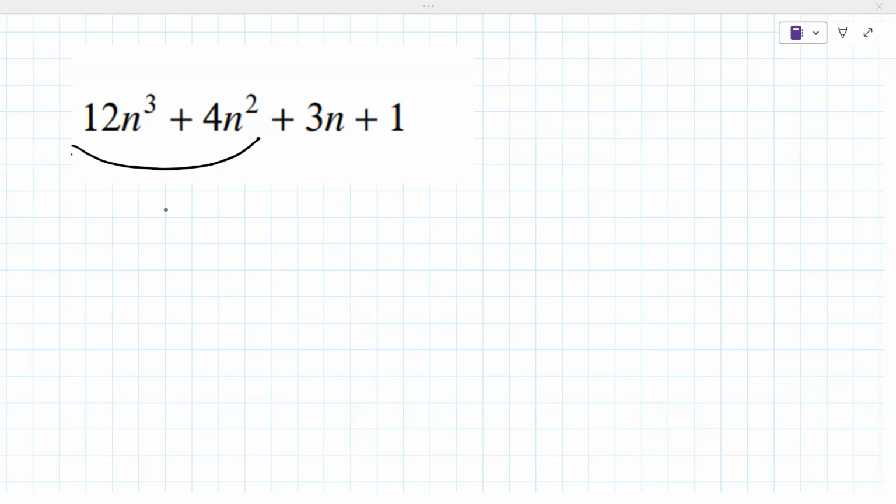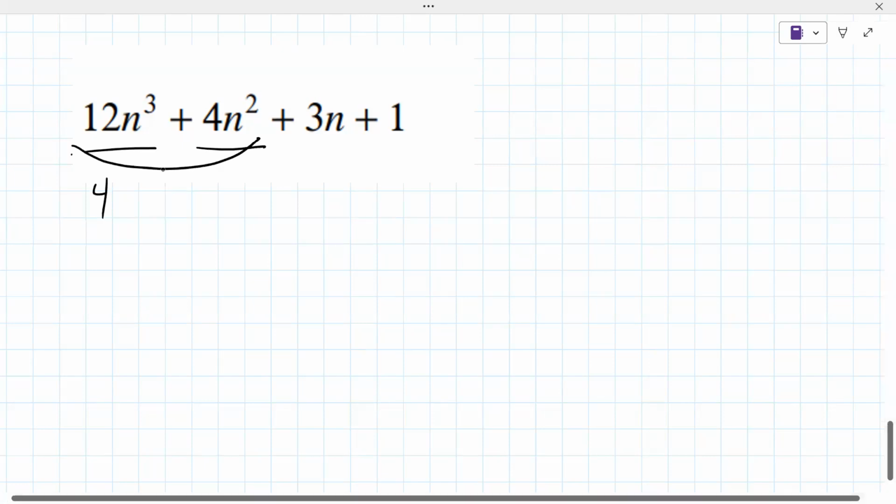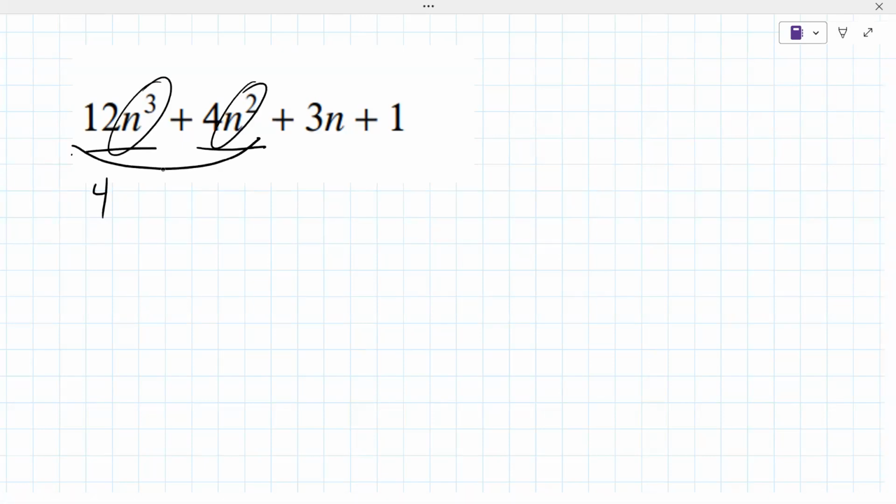And then between n squared and n cubed, which is the smaller one? N squared. So you have to divide both of these by 4n squared.